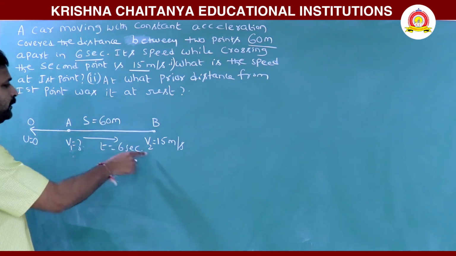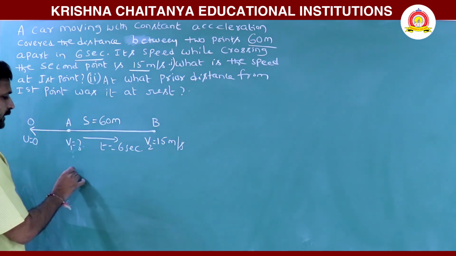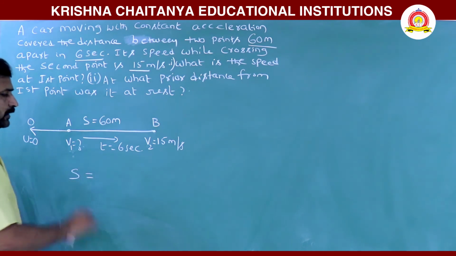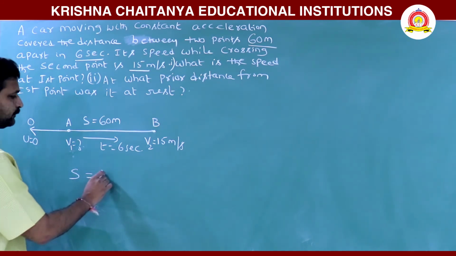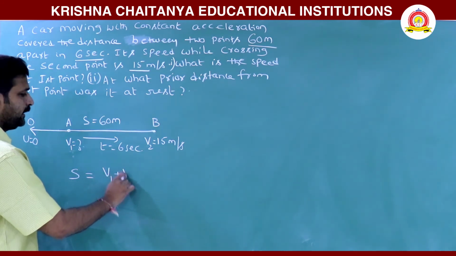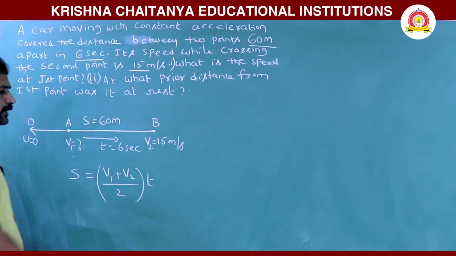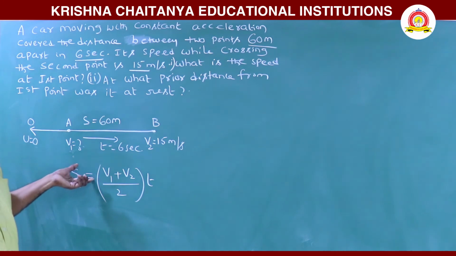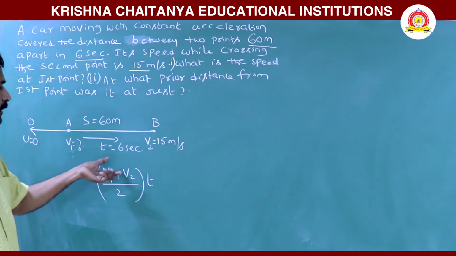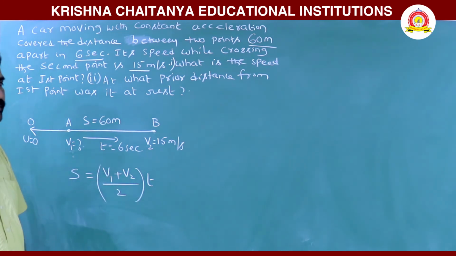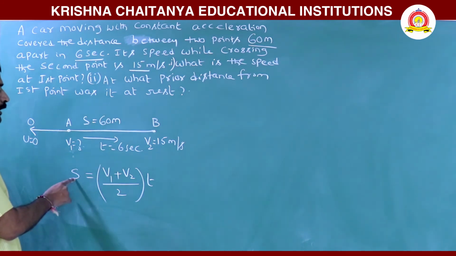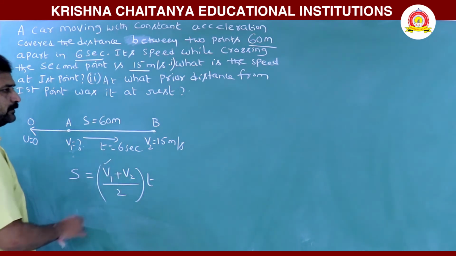Then V1, V2, T, S. Yesterday in the earlier class, we derived an expression, displacement is equal to average velocity into time, we know. So S is equal to V1 plus V2 by 2 into T. Here we know all the parameters except V1.